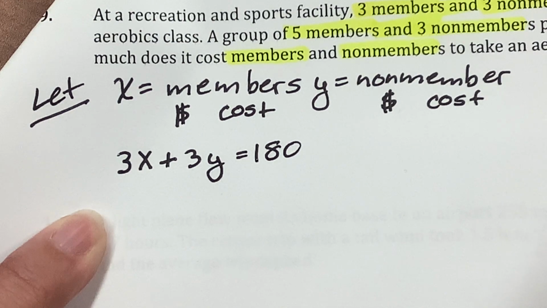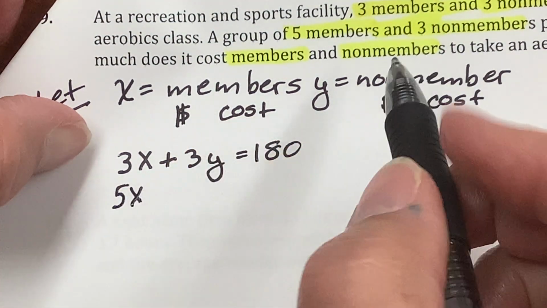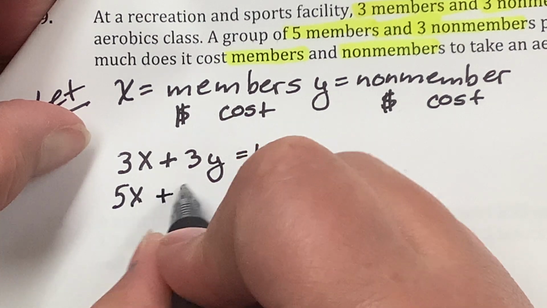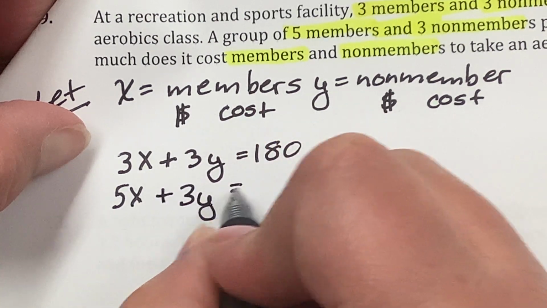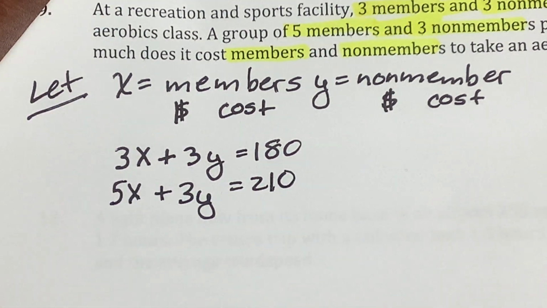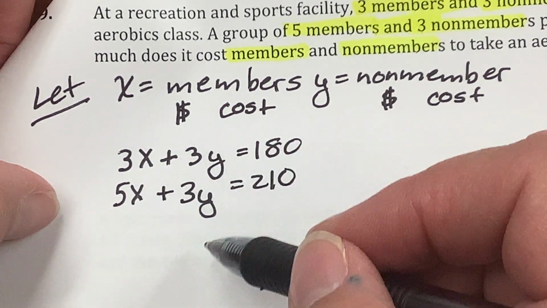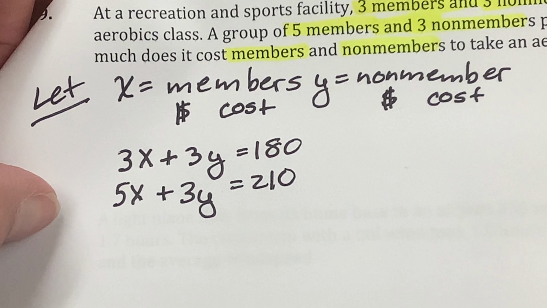All right, and the next is 5 members, 5x, and 3 non-members, plus 3y equals $210. Now looking at this, you can see I have my coefficients and variables lined up and my constants on the other side. That means I can do elimination for this problem.